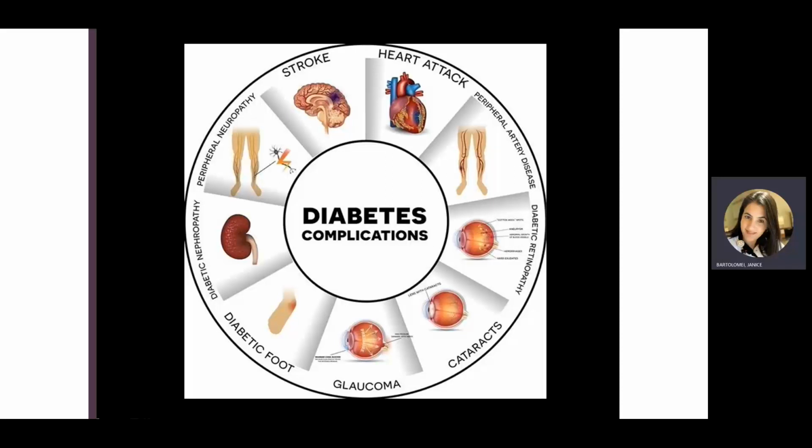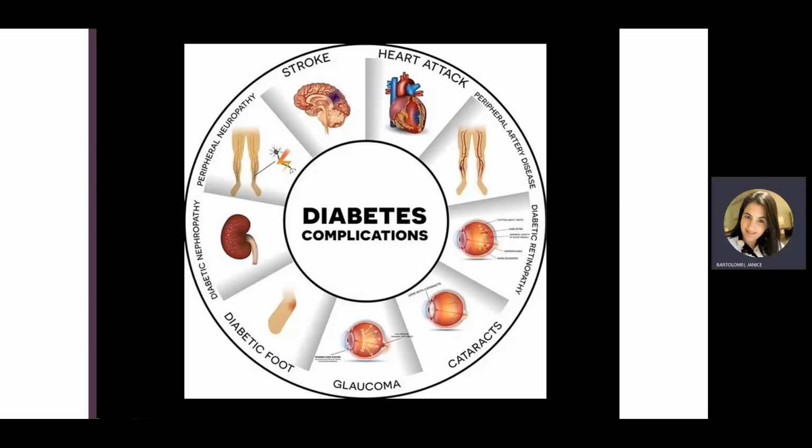Diseases such as stroke, a heart attack, problems with your vision, problems with your kidneys, with wound healing, with the nerves, etc. We're going to talk about a few of those complications of diabetes. Keep in mind, they're not all of them, but we're going to talk just about a few of them.